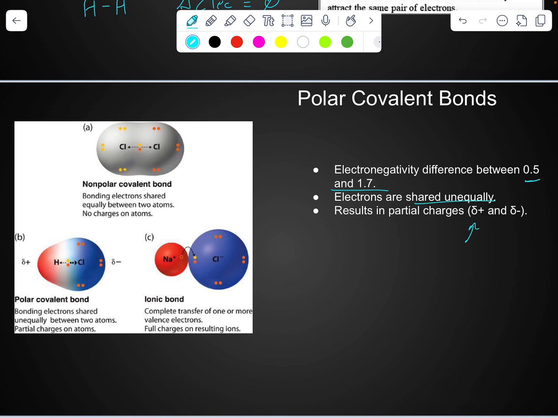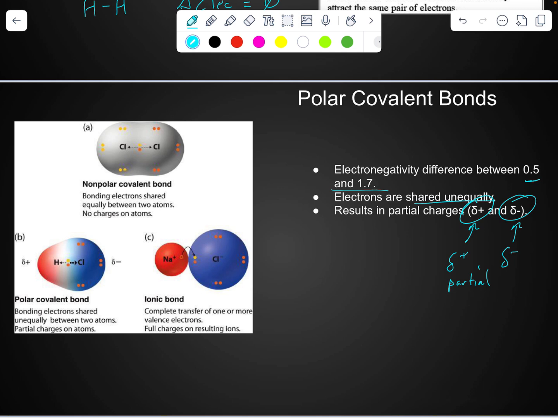This would be shown with poles, like we do have a north and a south pole, or we do have a positive pole and a negative pole. We do not put positives and negatives in this format alone. We will actually use that delta symbol, which is the Greek symbol here, as meaning partial positive and partial negative.